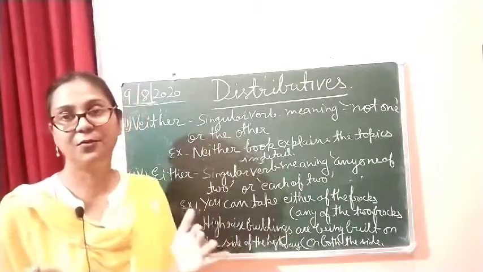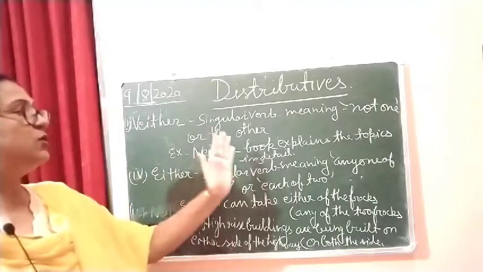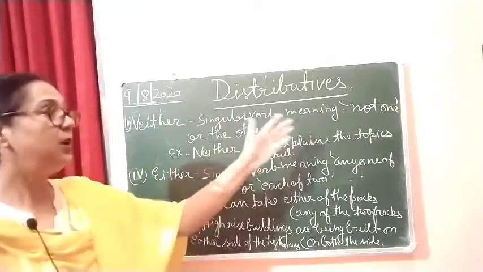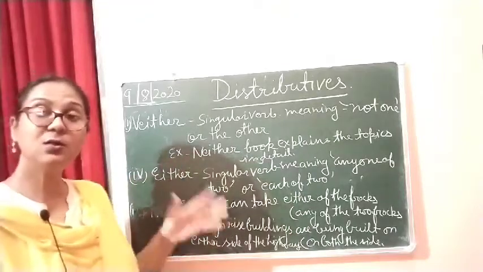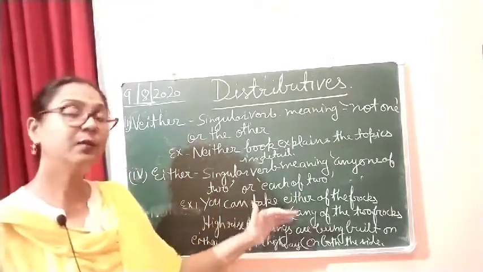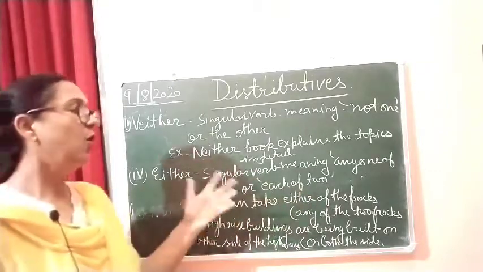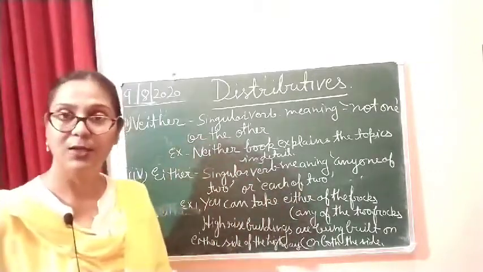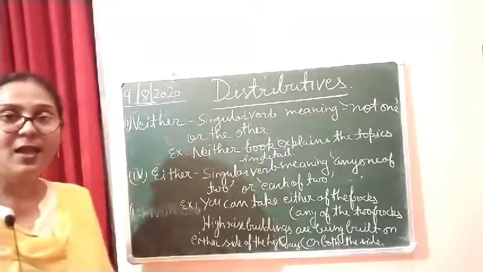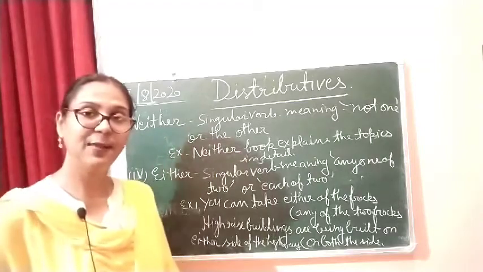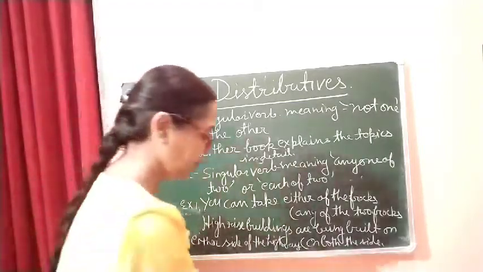So there is a difference between neither and either. Neither is used with a singular verb, but its meaning is not one or the other. And either is also used with a singular verb, but its meaning is any one of two or each of two. So this way we have completed this distributive and we are moving to solve some exercises which are based on distributives.